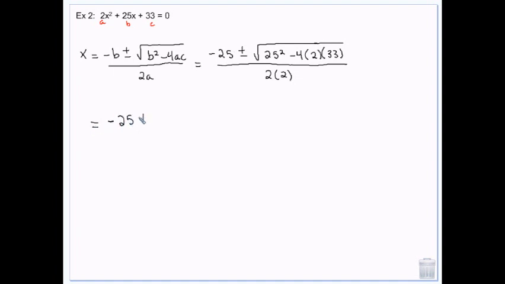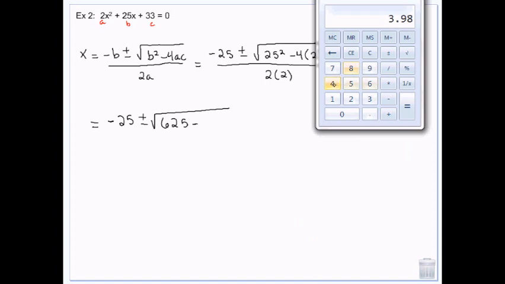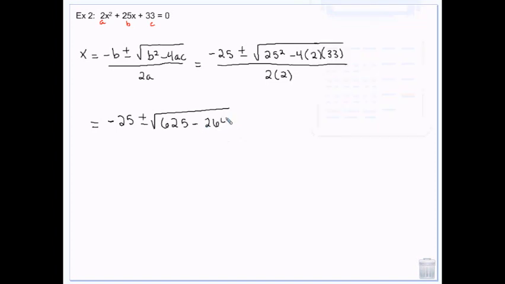So that's negative 25 plus or minus the square root of 625 minus, so I need to do 4 times 2 times 33, 264, over 4.